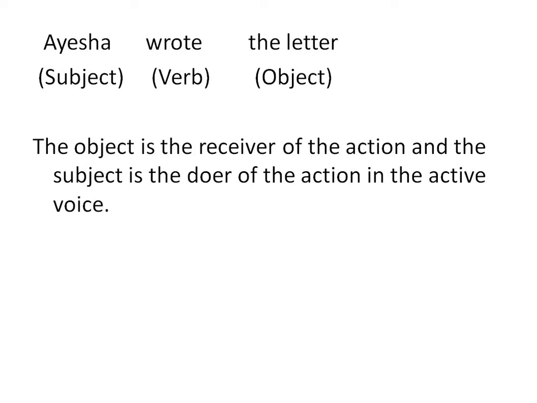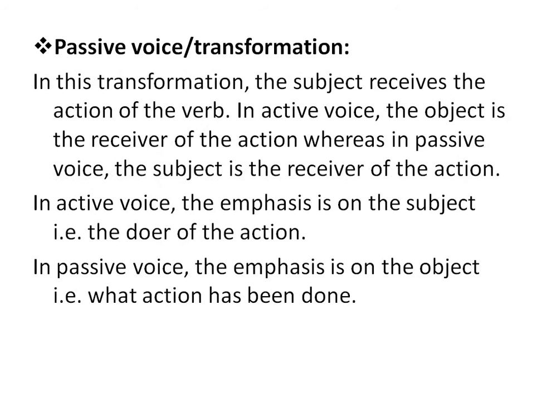So this is all with the active voice. But in this lecture our focus is on the passive transformation, that is, how the active way of writing something can be transformed into a passive way. So let's see how a sentence is converted into a passive way.